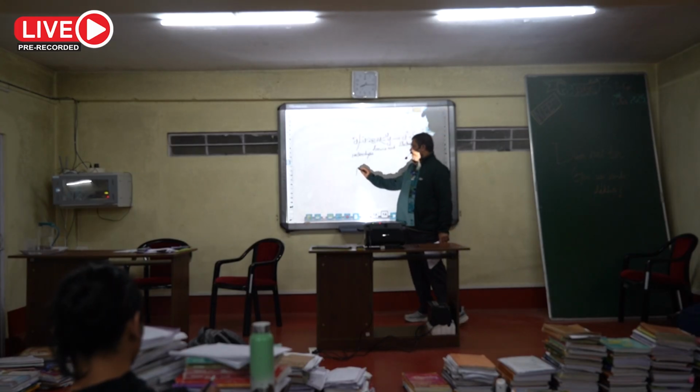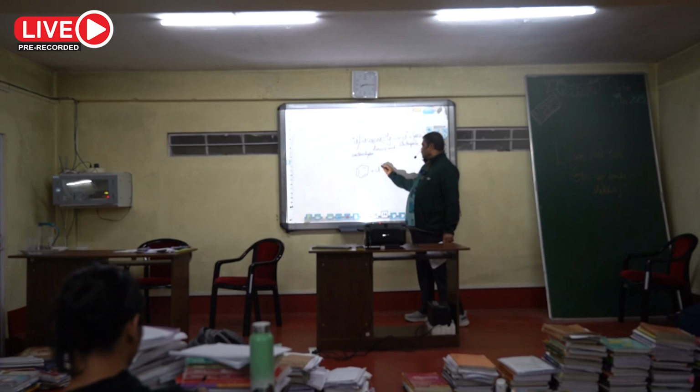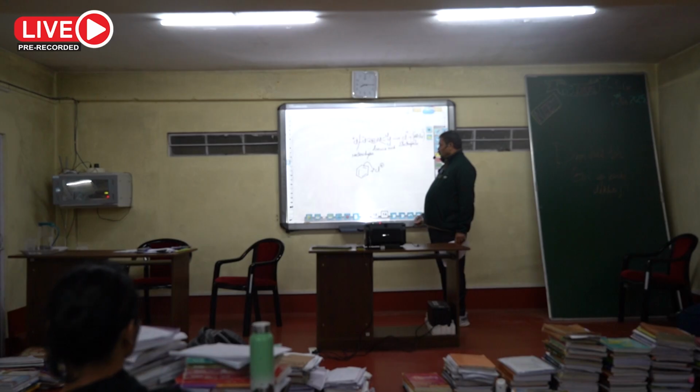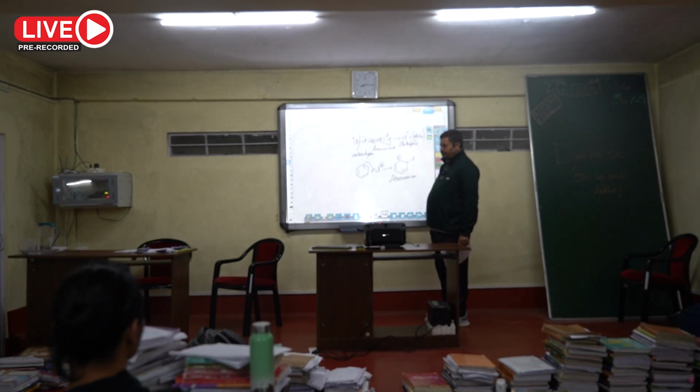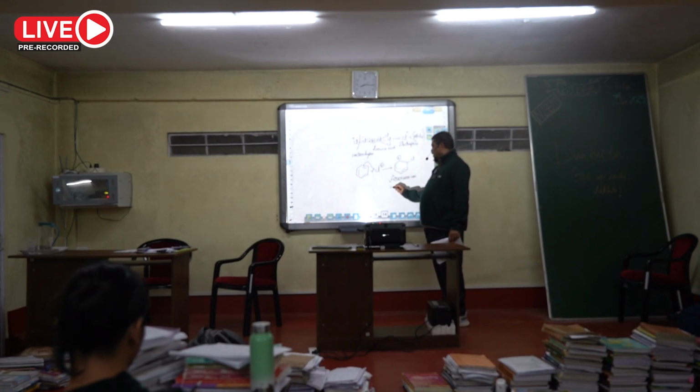Now this electrophile attacks the benzene ring. Benzene donates one of its pi bonds. So you get a carbocation called arenium ion, or it is also called sigma complex.